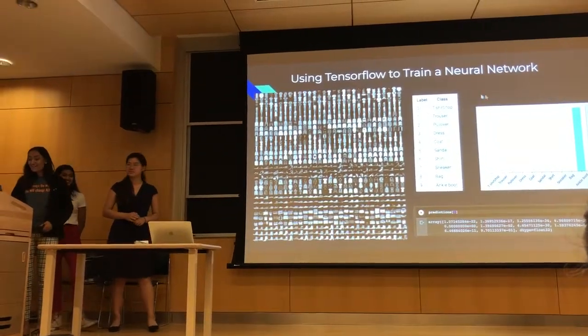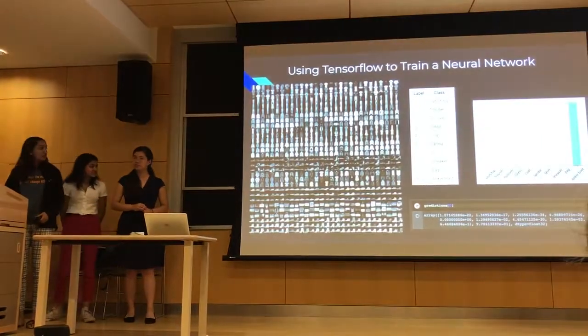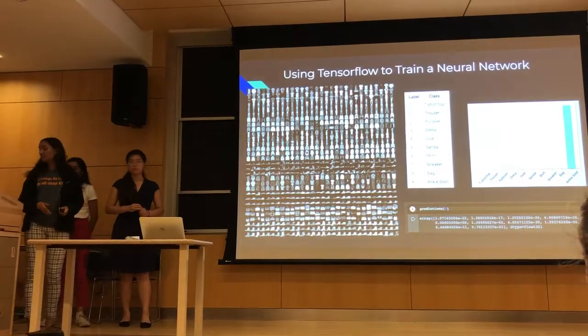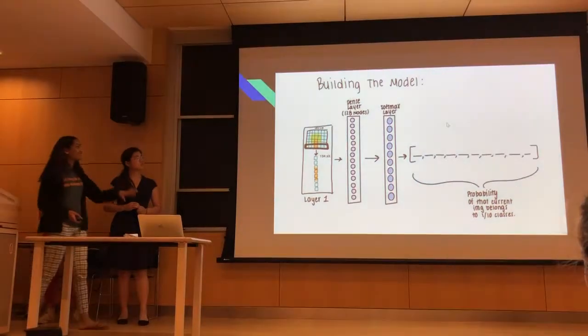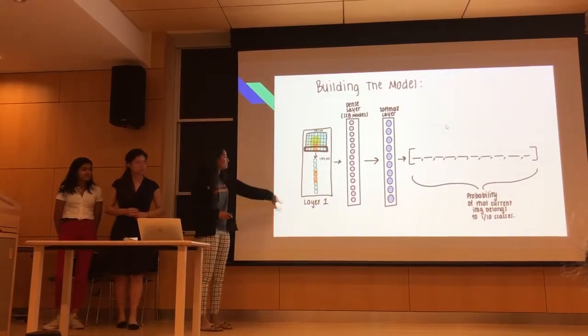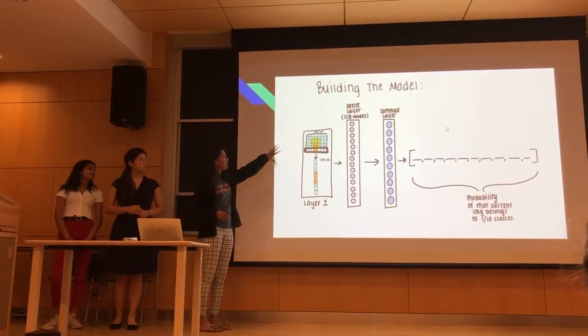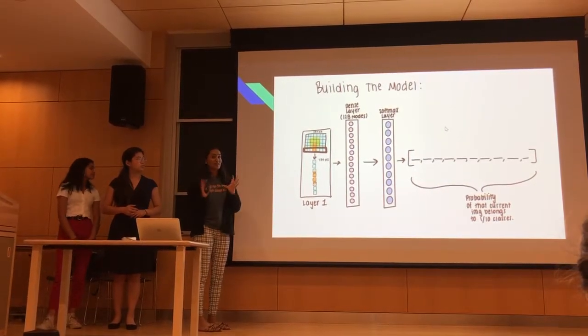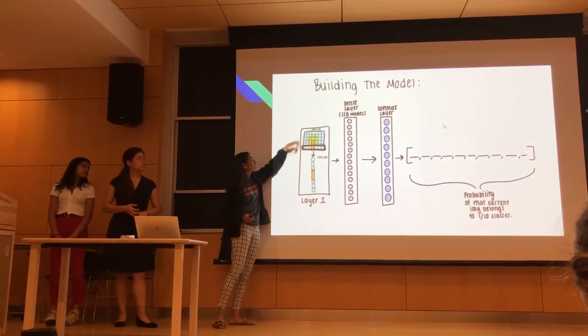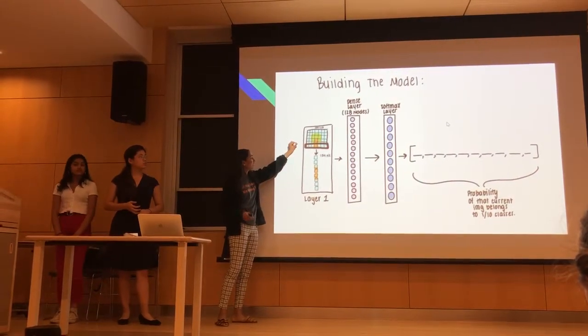So we first had to build our model. I drew this out. We had 3 layers in our neural network. For our first layer, we flattened out all of our pictures of boots and shoes and shirts. So we had all these 28 by 28 pixels, and I drew an example.